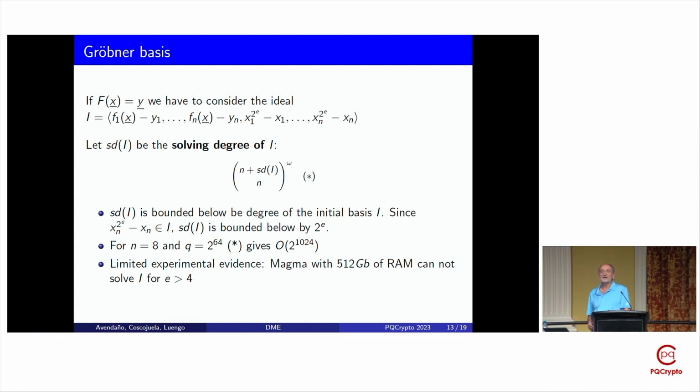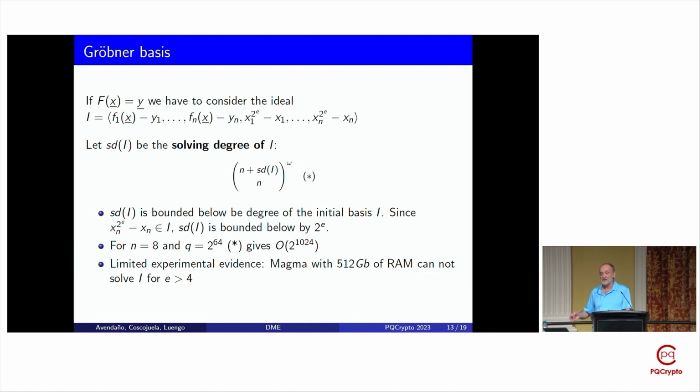Of course, we don't know if this upper bound is, how to say, strict or not. We have done a lot of experimental work. It seems yes, but this experimental work can only be done for very, very small base fields.